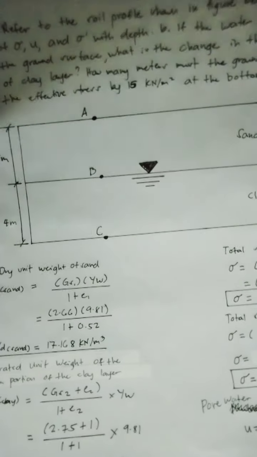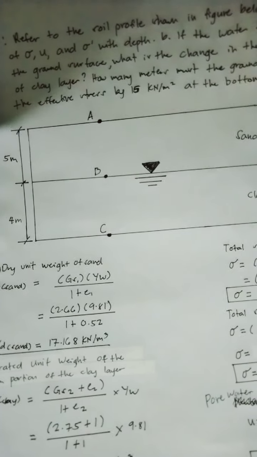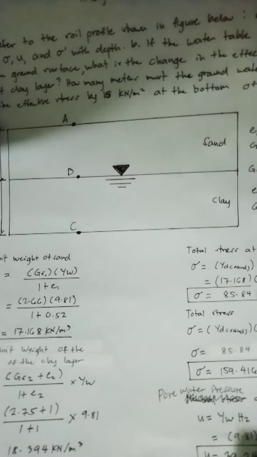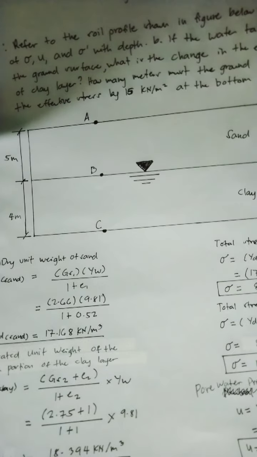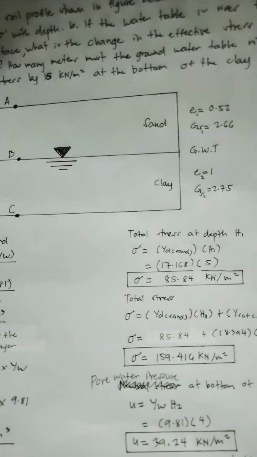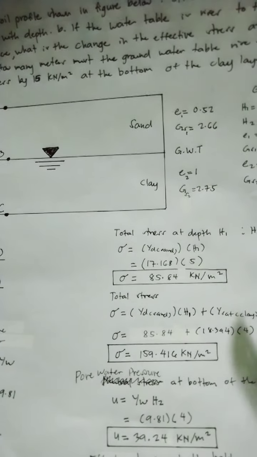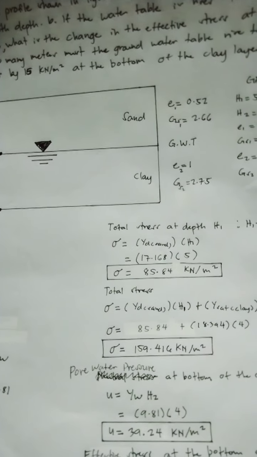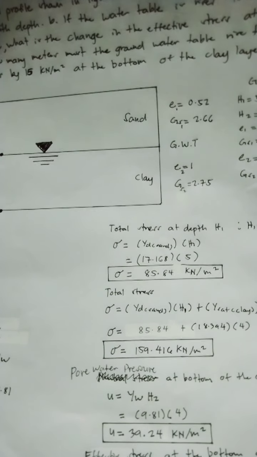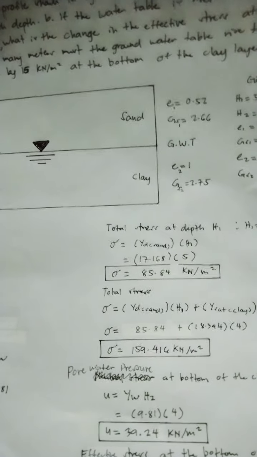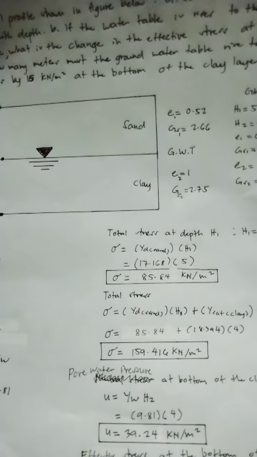Since this dry unit weight of the sand is required for getting the total stress at its depth, the depth of the sand, its formula is the dry unit weight of the sand times its depth.